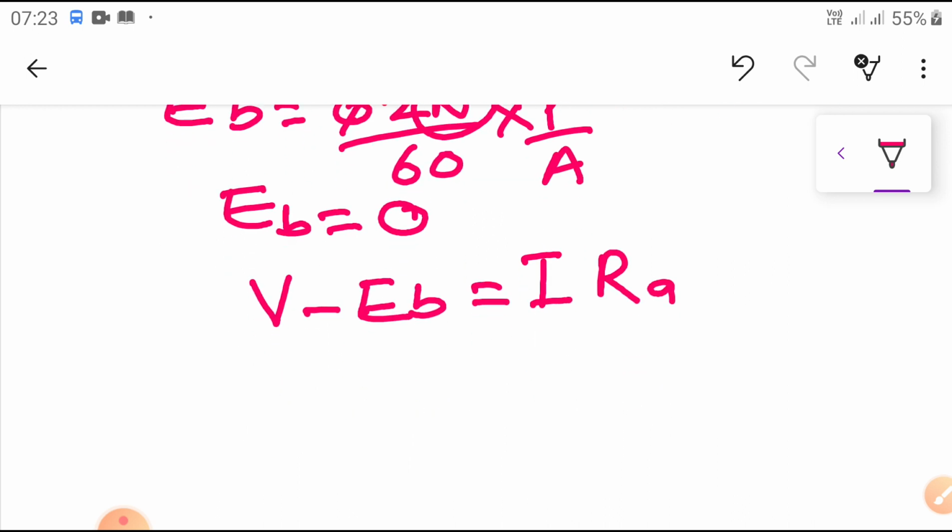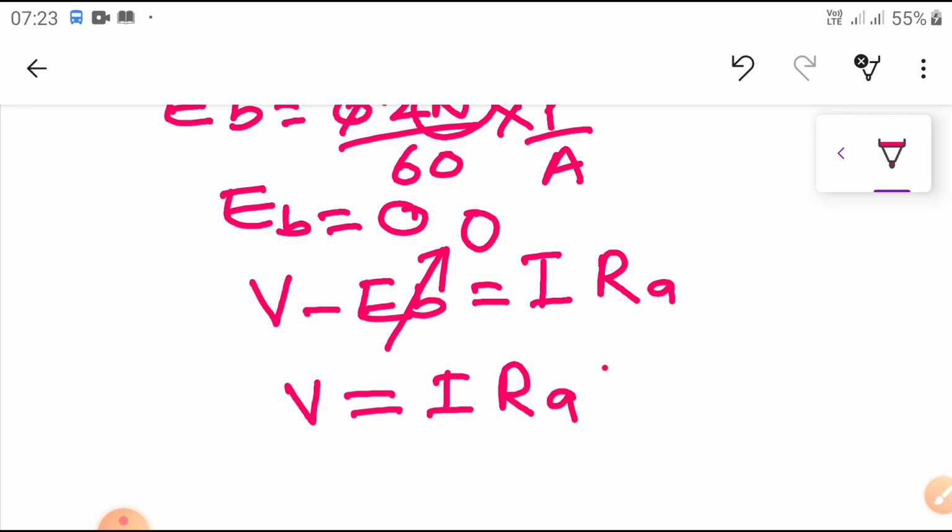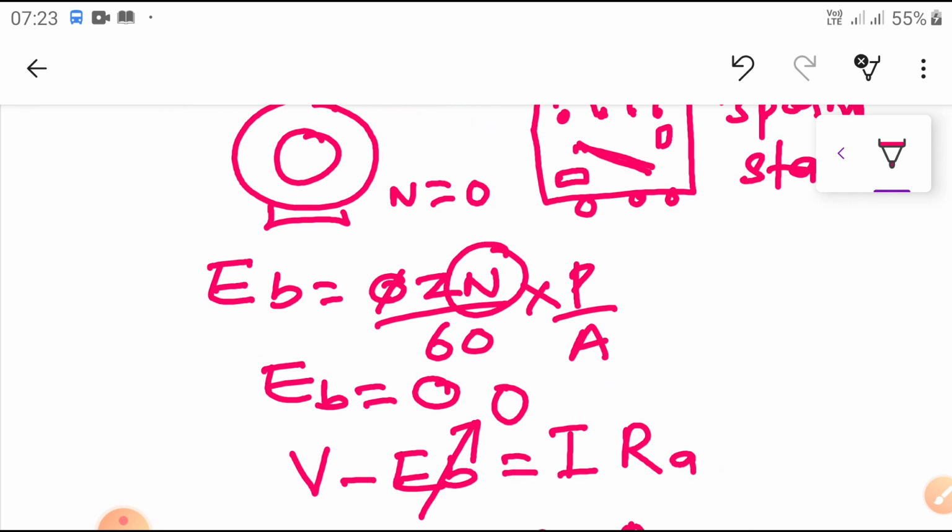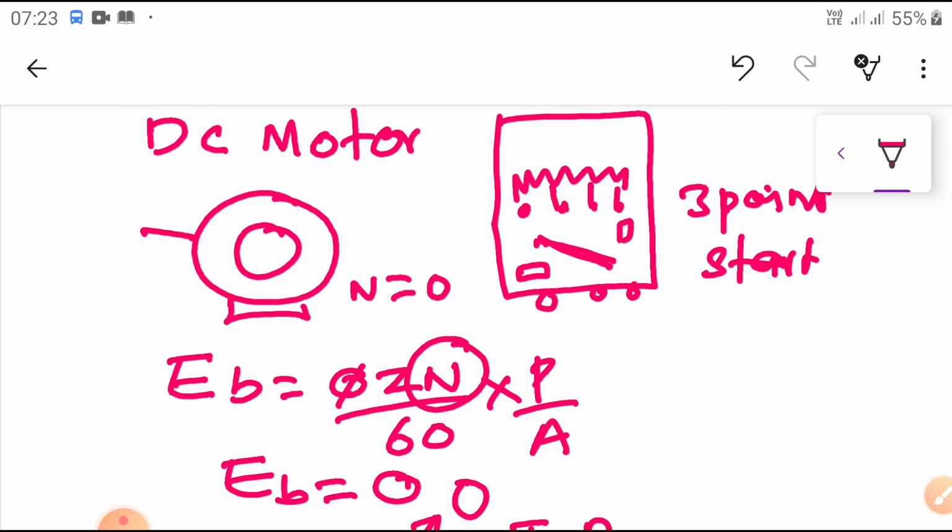Initially, the back EMF value is 0. Then whatever voltage is applied is equal to I into Ra. As we know, the armature resistance is less than 1 ohm. Our motor is directly connected to the plus minus DC supply, nearly 220 volts.